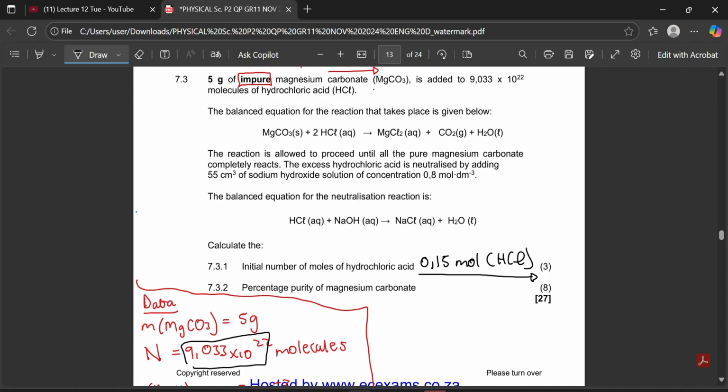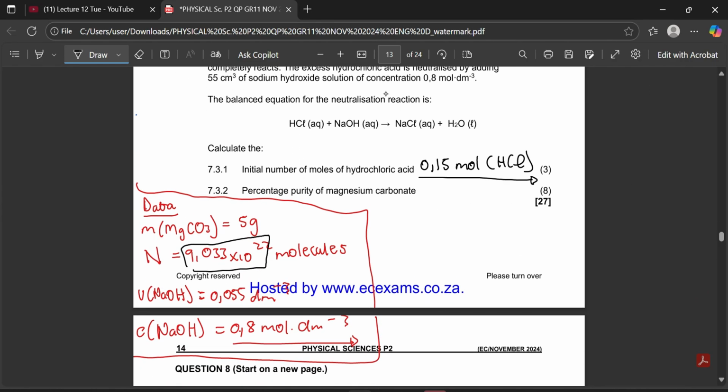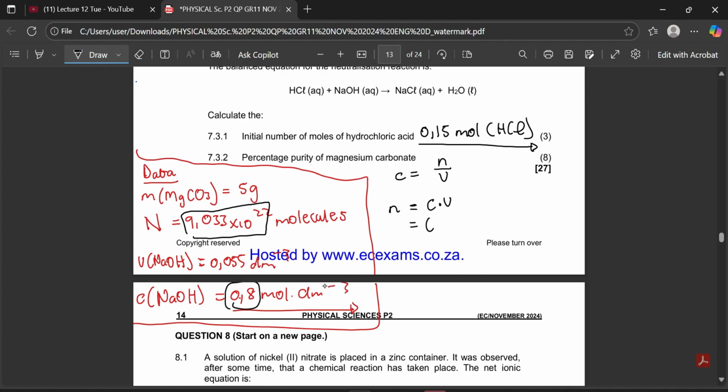So what do we have? We have the volume and the concentration of sodium hydroxide, right? Yeah, we can do something about that. What can we do? I have the volume and the concentration. Think about it. Yes, I can get the number of moles. So C equals N over V. So my number of moles is C times V, which would be, according to my data, the concentration 0.8, and my volume 0.055.